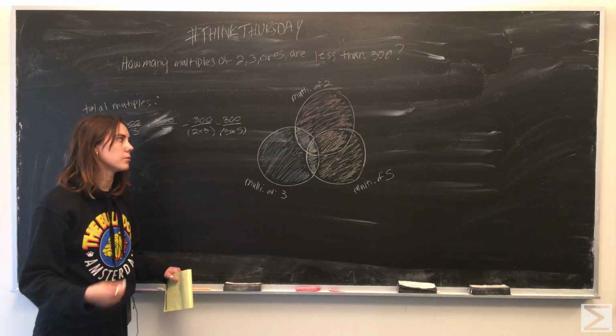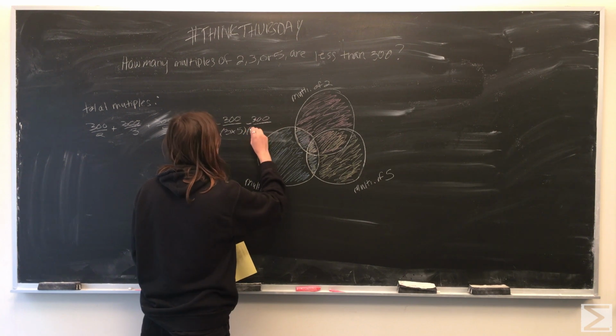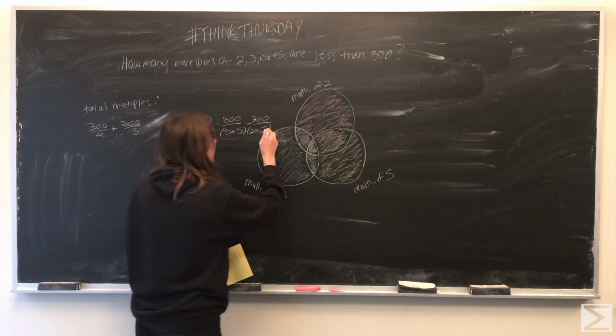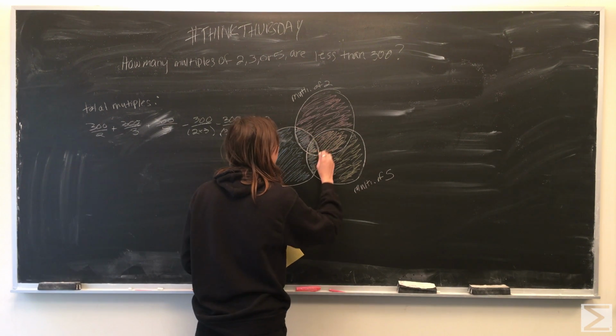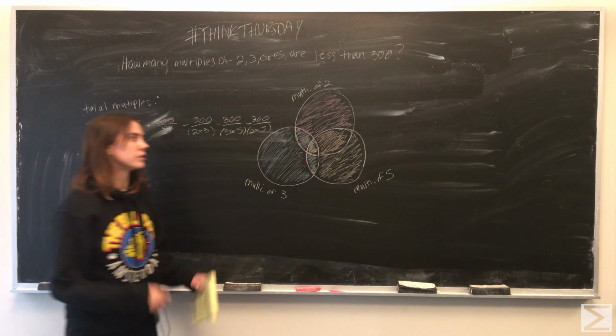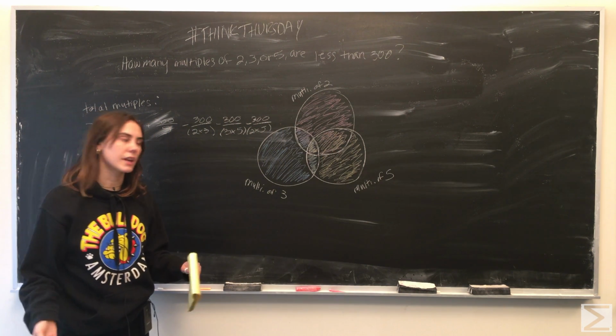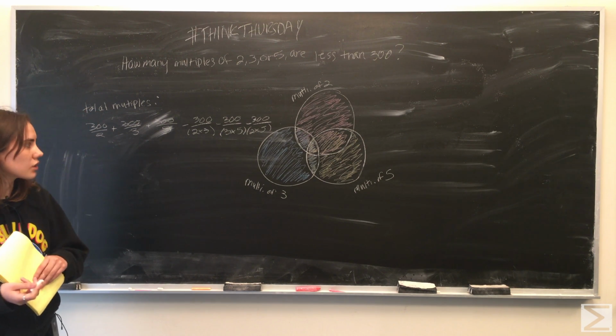And then finally, we want to subtract out the multiples of 2 and 5 that are double counted here. So that those multiples are only counted once and not counted twice in the total.